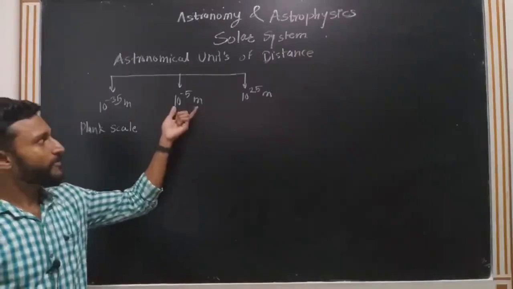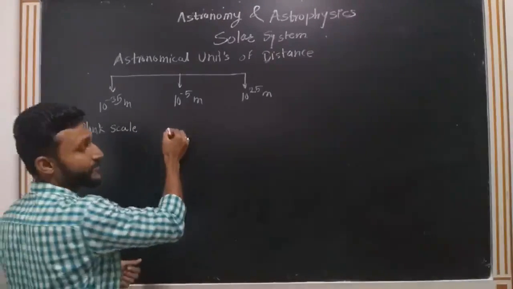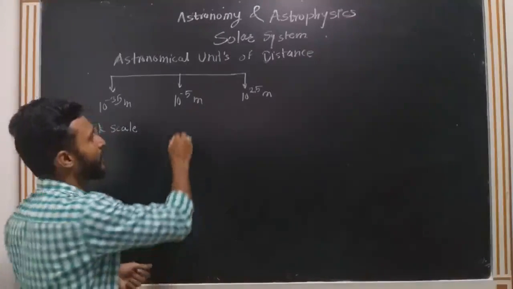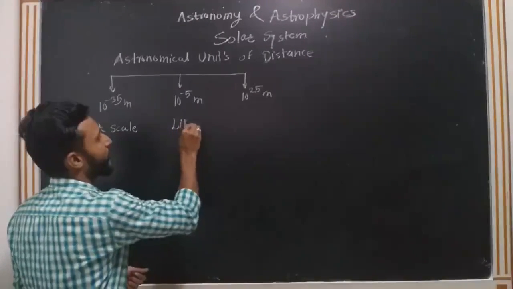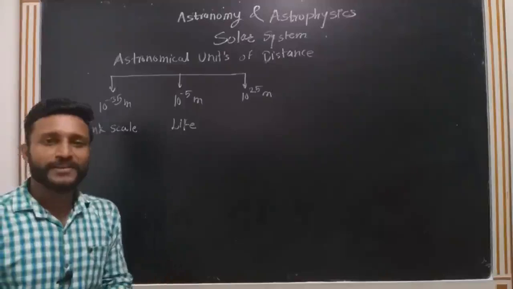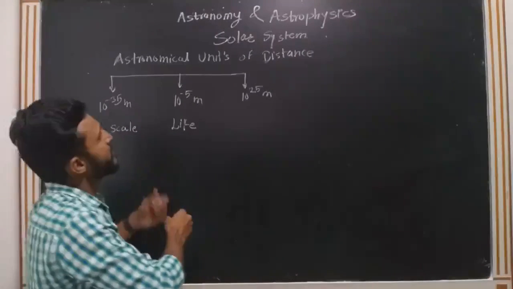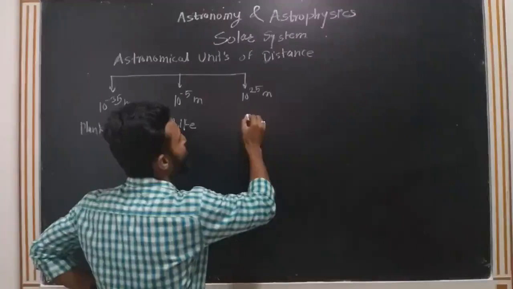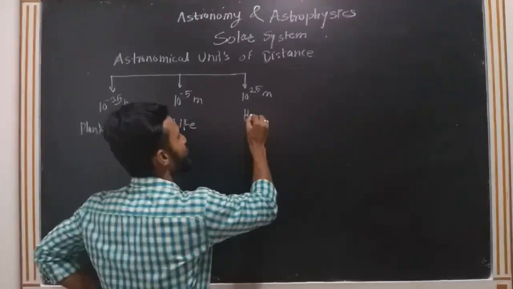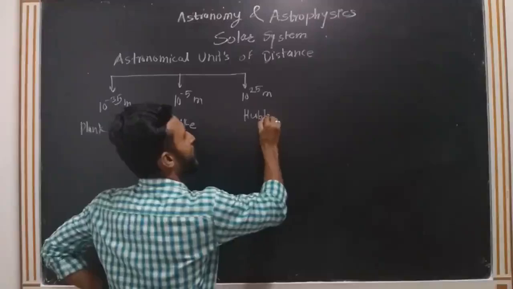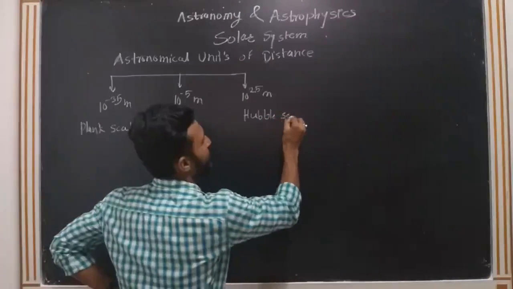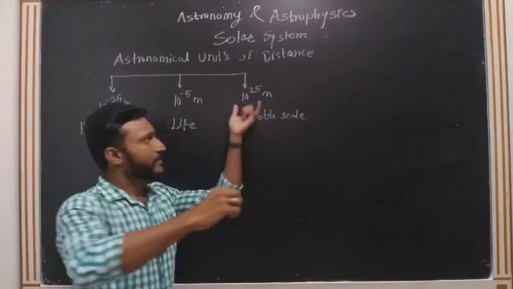10 raised to minus 5 meter, as we are all familiar, is the size of the cells of living organisms, the cells of our bodies. And 10 raised to 25 meter is known as the Hubble scale.